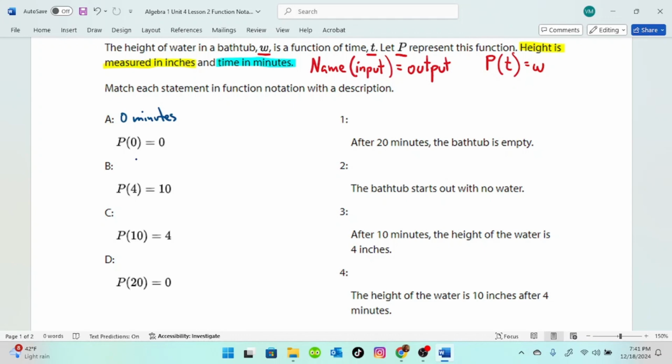So 0 minutes, 0 inches. Now I look through here, and I see number 2, the bathtub starts out with no water. That would be 0 inches. So A is going to match with 2.